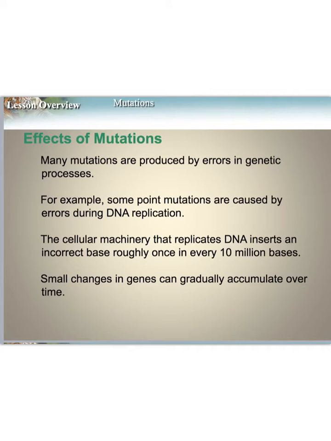Many mutations are produced by errors in genetic processes. For example, some point mutations are caused by errors during DNA replication. The cellular machinery that replicates DNA inserts an incorrect base roughly once in every 10 million bases. Small changes in genes can gradually accumulate over time.